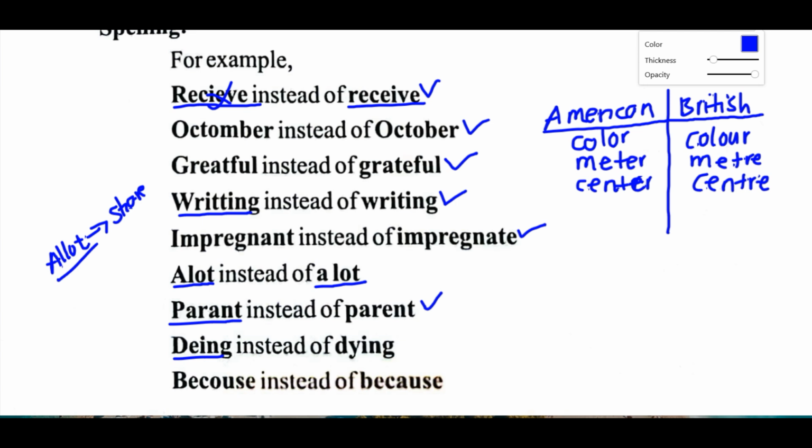Dying, the correct one is this one, dying. Because, the correct one is this one. So make sure you work on your spellings and focus on the spellings according to British, because that's what we follow according to the standard English of Zambia.